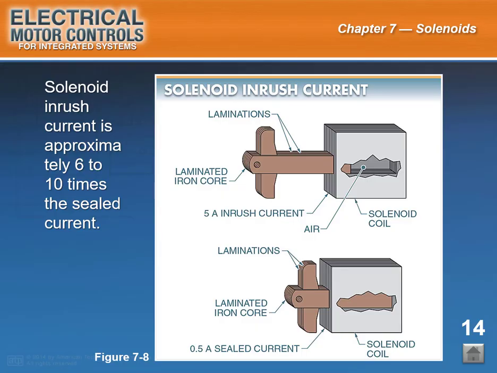After the solenoid has been energized for some time, the coil becomes hot, causing the coil current to fall and stabilize at approximately 80% of its value when cold. The reason for such a high inrush current is that the basic opposition to current flow when a solenoid is energized is only the resistance of the copper coil. Upon energizing, however, the armature begins to move iron into the core of the coil.